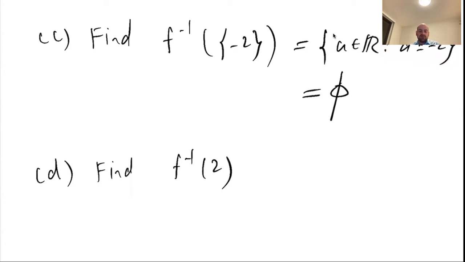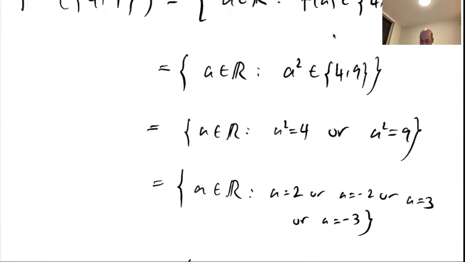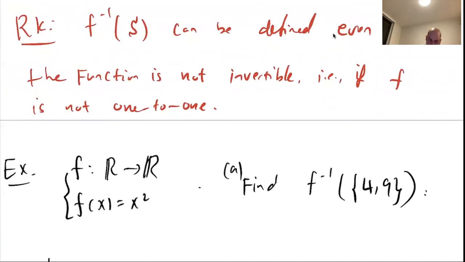F inverse of a set is a subset of the domain. You have to see which elements of the domain are going to be mapped to inside that set. But for f inverse of a number, first you have to find the inverse of your function. And if you want to find the inverse of your function, first your function has to be invertible. And when can I say my function is invertible? If it's 1-to-1. But this function is not 1-to-1. Therefore, it's not invertible.